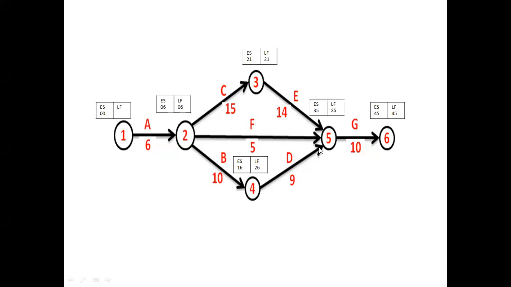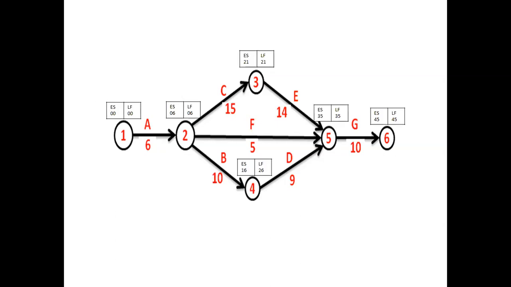And if you consider 2 to 4, then it is 26 minus 10, 16. Among these, the least is 6. So 6 is to be considered here. The latest finish time for activity 1 to 2 or A is 6, and finally 6 minus 6 will make it 0. So like that we have calculated the earliest start and latest finish time for all the activities.